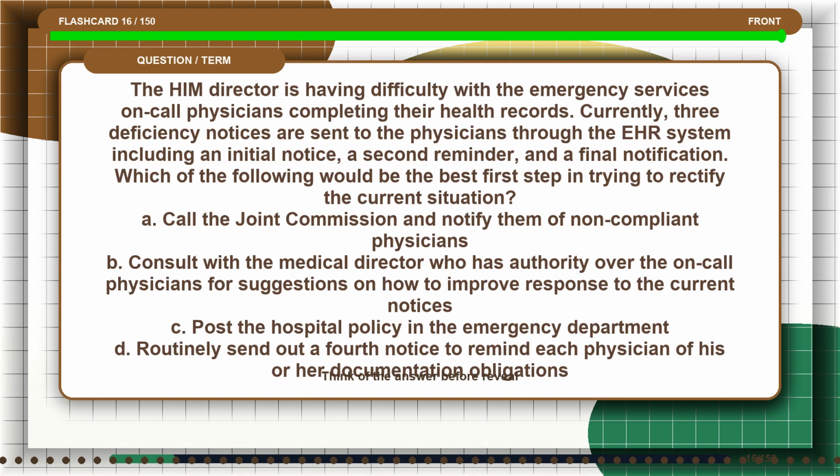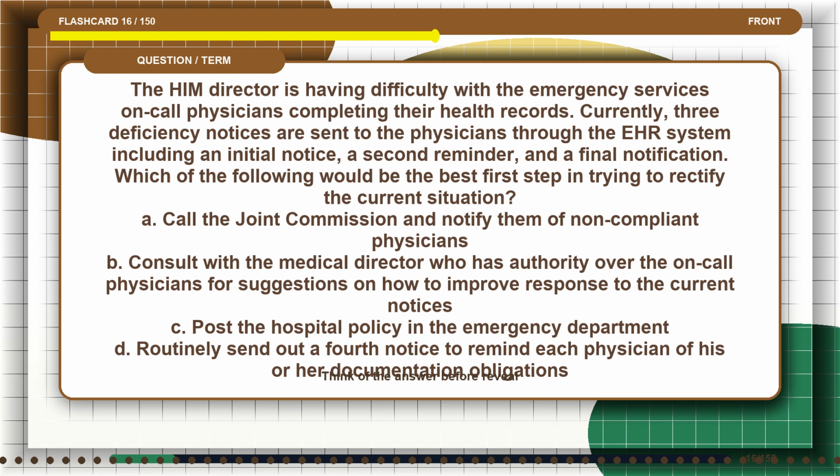Flashcard 16. The AHIMA director is having difficulty with the emergency services on-call physicians completing their health records. Currently, 3 deficiency notices are sent to the physicians through the EHR system, including an initial notice, a second reminder, and a final notification. Which of the following would be the best first step in trying to rectify the current situation?